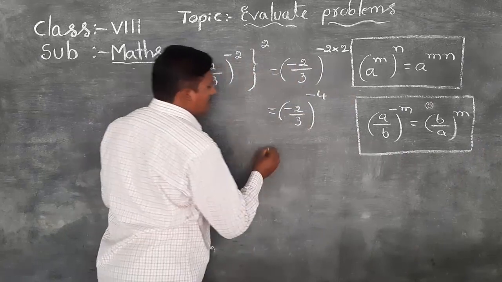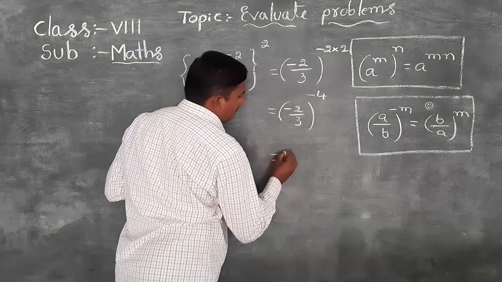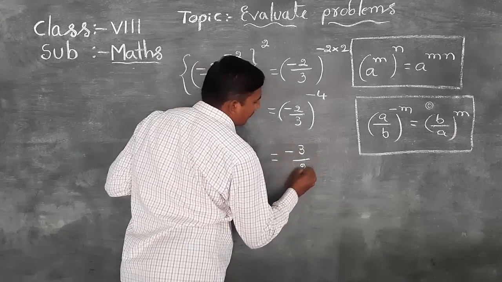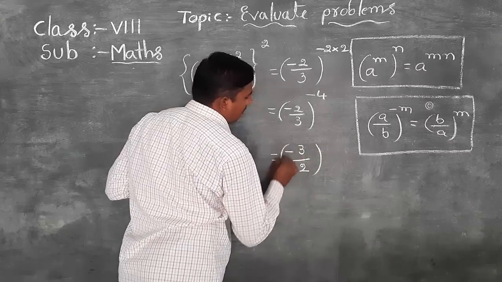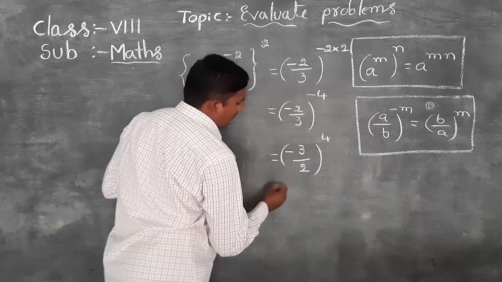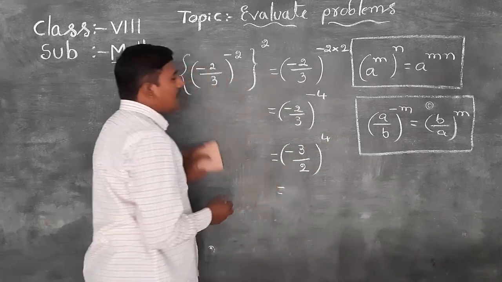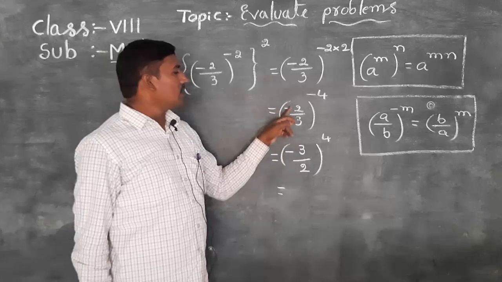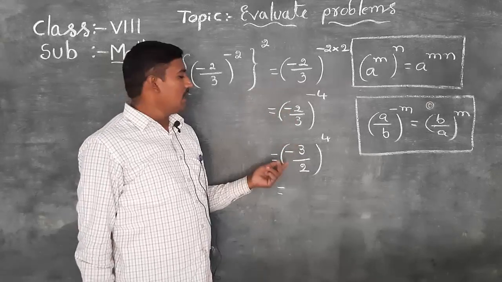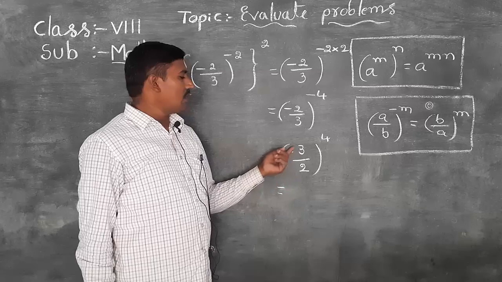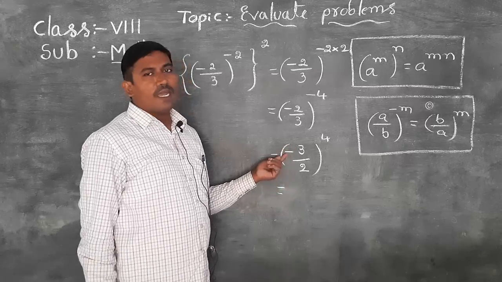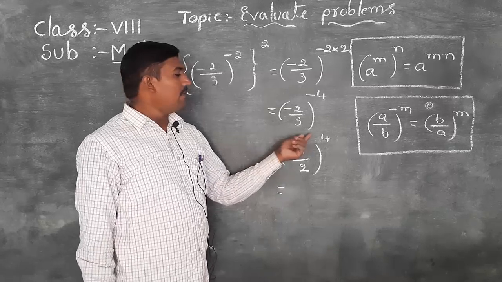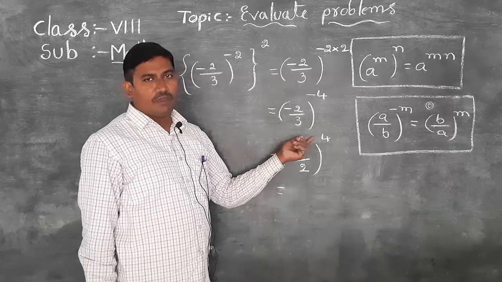So it is equal to (minus 3 by 2) power 4. Why? Because of the reciprocal of minus 2 by 3, minus 3 by 2. Here is minus needed or not needed? No need. Why? The power should be an even number.